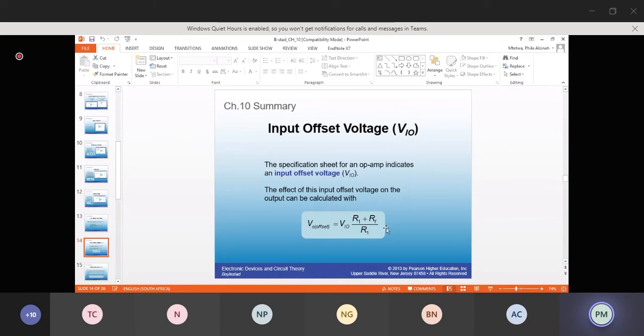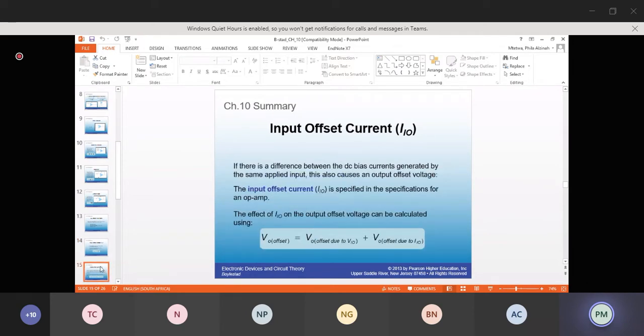Okay, and then given an expression there for the input offset voltage, which is normally specified in the specification sheet of your operational amplifier. The effect of this input voltage on the output can be calculated as V offset is your input offset, times R1 plus RF over R1. In this section, I'll tell you where to expect calculations.